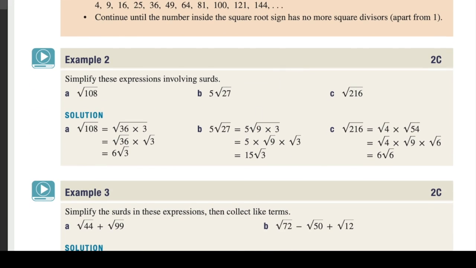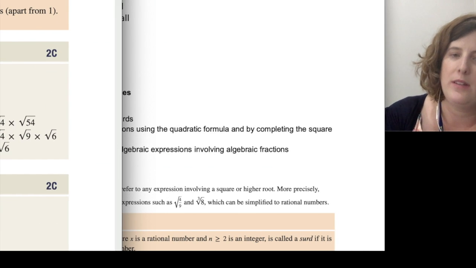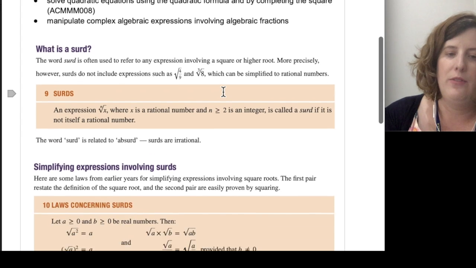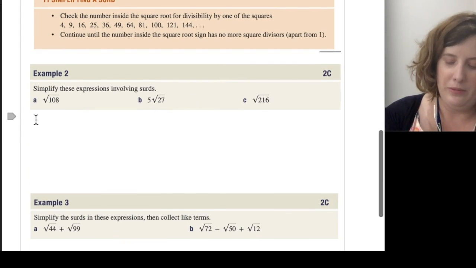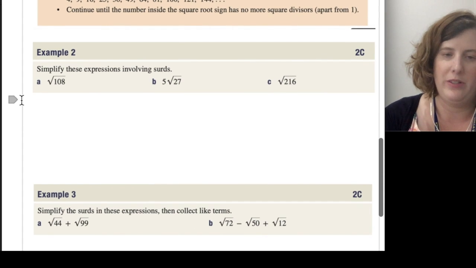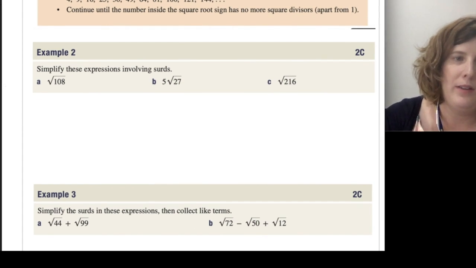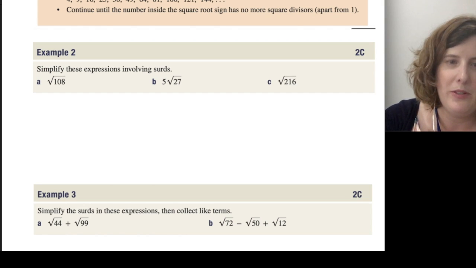So if we go through and have a look, sorry, let me get rid of this because it's hiding my stunning face. If we go through and actually have a look at this first example, we are going to simplify these expressions. So 108. I go through my list of square numbers, and I'm just going to write them up the top.